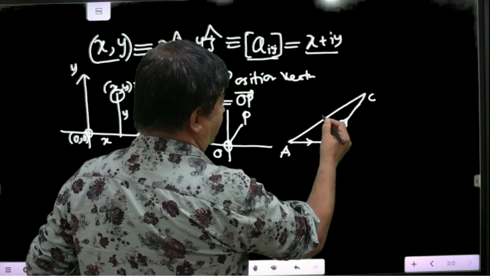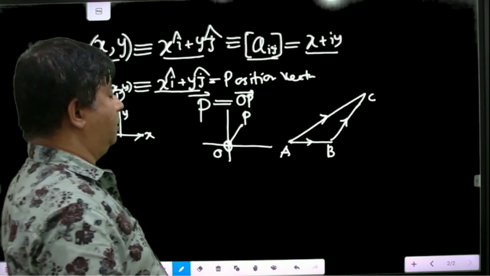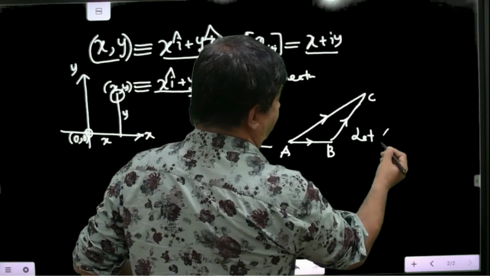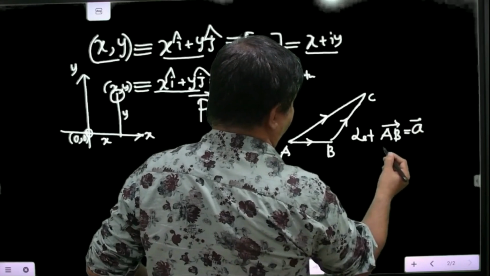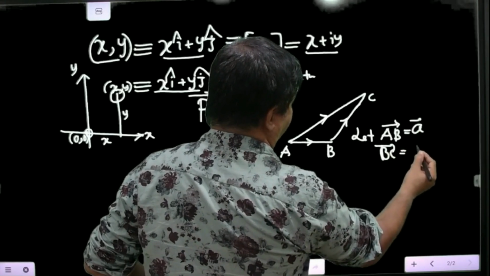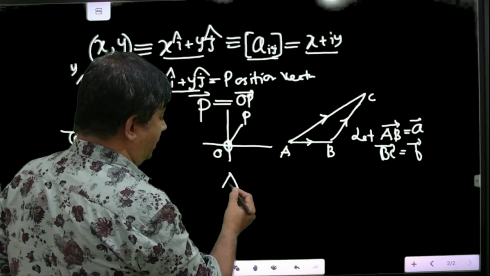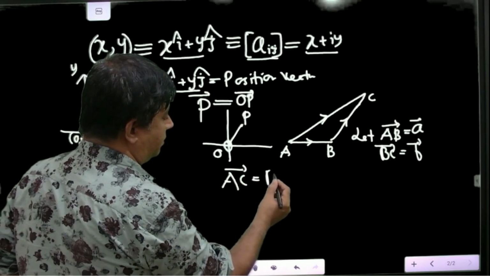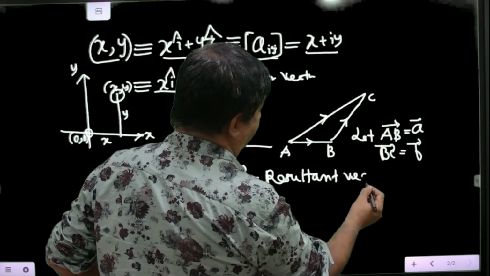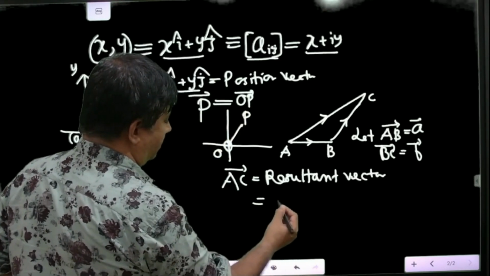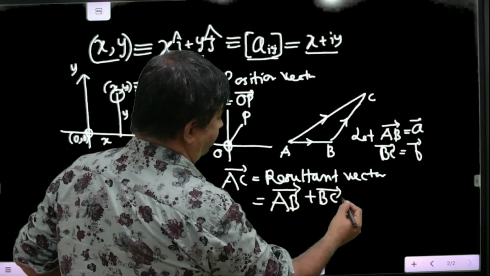Give the arrow sign like this. Okay. Let vector AB be represented by the vector A, and vector BC be represented by the vector B. Now, its resultant vector AC means AB plus BC.